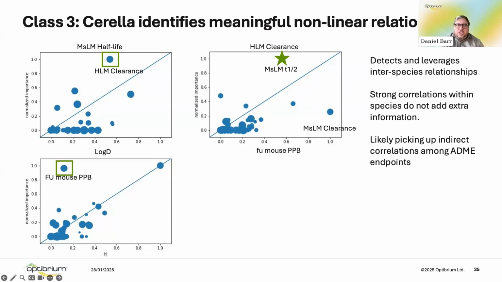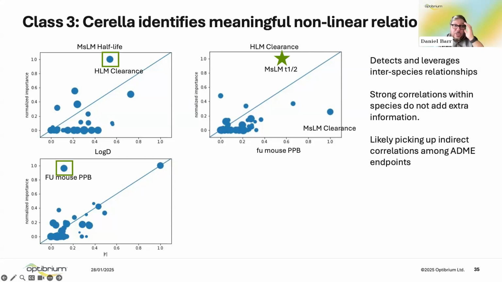Now, if we think back to the way that Matt laid this out at the beginning, this isn't the relationship that is of most interest to us. It's very rare that we would want to use human experiments to impute mouse outcomes. It's much more likely we would want to do the other.